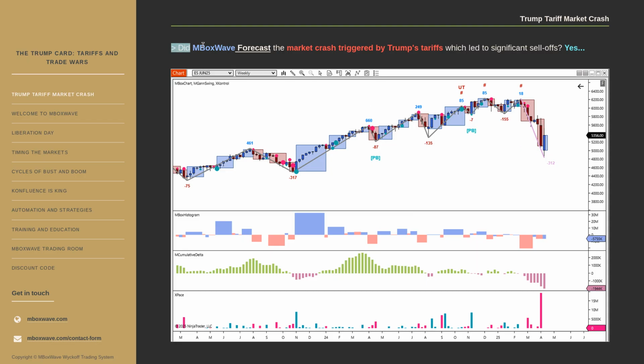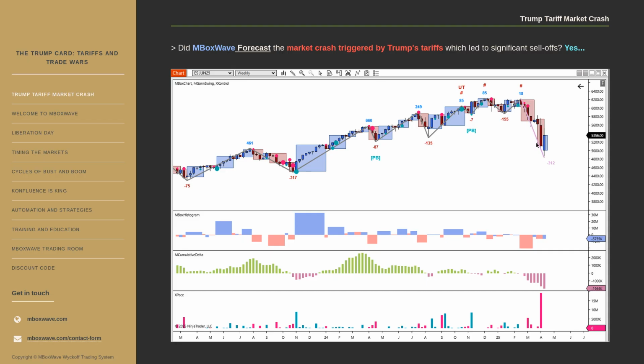So here we go. Did MBoxWave forecast the market crash triggered by Trump's tariffs, which led to significant sell-offs? Yes. So once again, we had been going up in this uptrend, zigzagging up and down as shown by the MGAN swing indicator, and then poof, we've got a crash here, right?